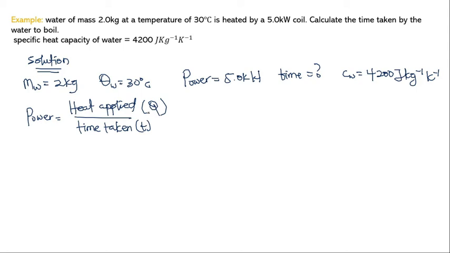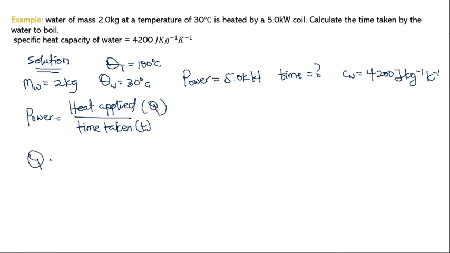Our heat applied to boil the water from what? 30 degrees Celsius to what? 100 degrees Celsius, because they say the water boils, so it means our final temperature is what? 100 degrees Celsius. Okay, so we need to find the heat involved in this process.